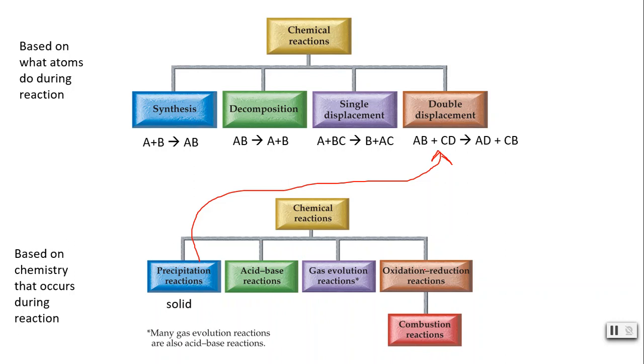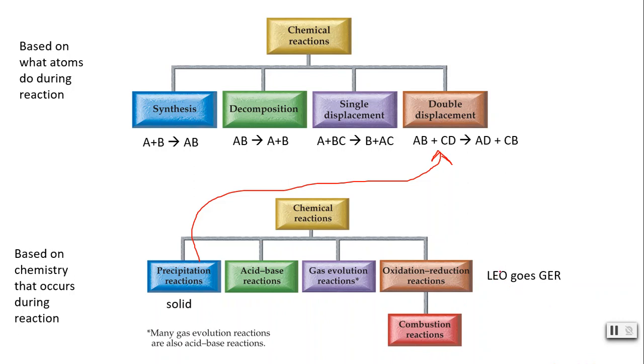Oxidation reduction reactions are chemical reactions that deal with the transfer of electrons. In that reaction, something is oxidized, something loses electrons, and a different species in that reaction gains the electrons or is reduced. So we said one way to remember that is LEO goes GER.